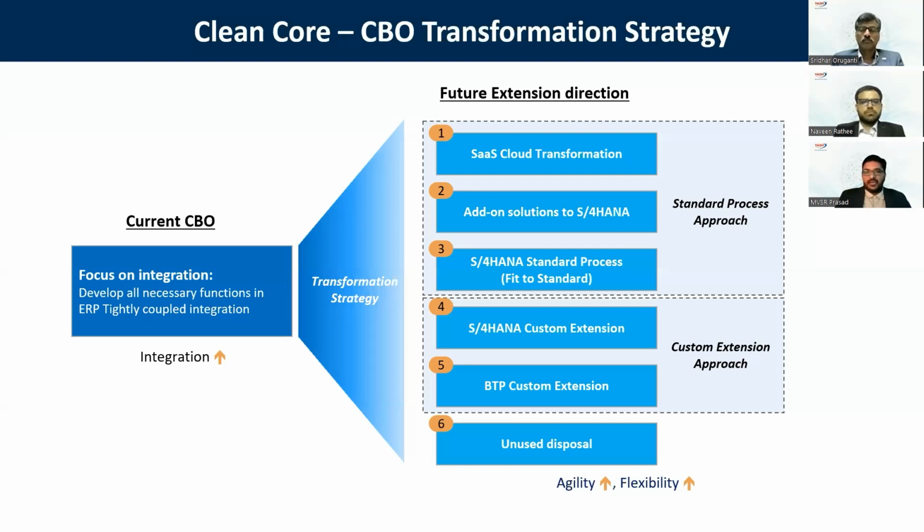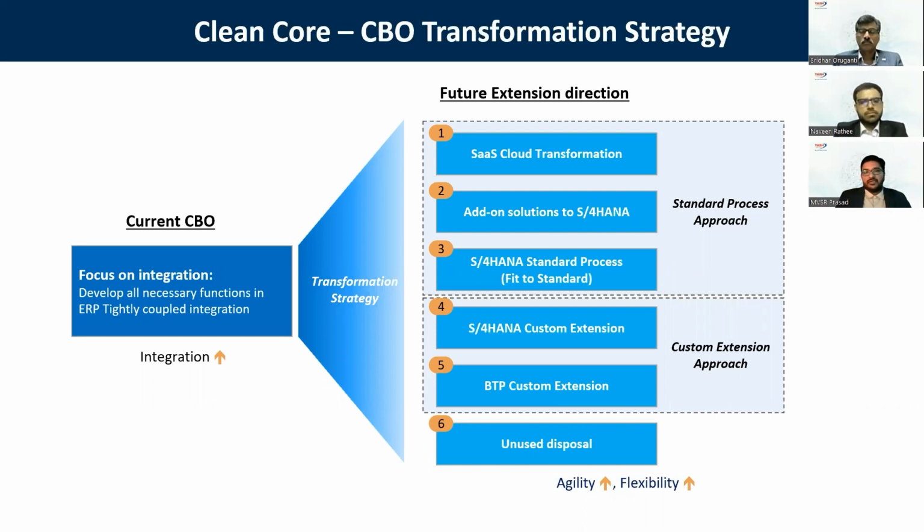The second point is add-on solutions to S4HANA, because there are a lot of add-on extensions or solutions we can talk about, like OpenText or ReadSoft, and a lot of add-on solutions, even partner-ready solutions, which are also compatible with the cloud-ready approach, either S4HANA private cloud mode or cloud.